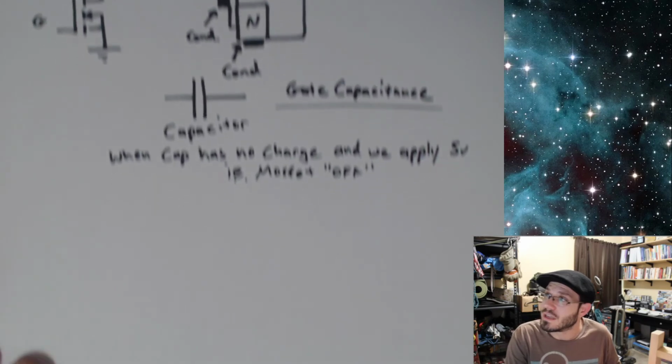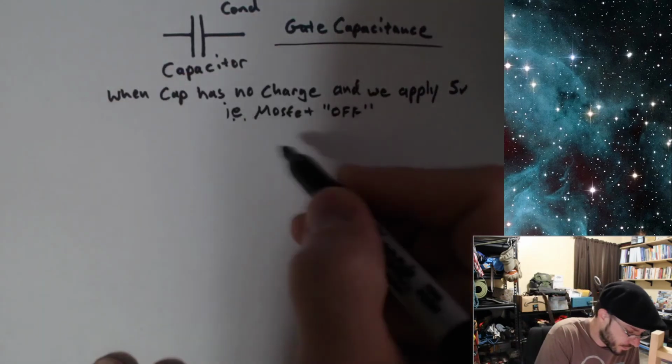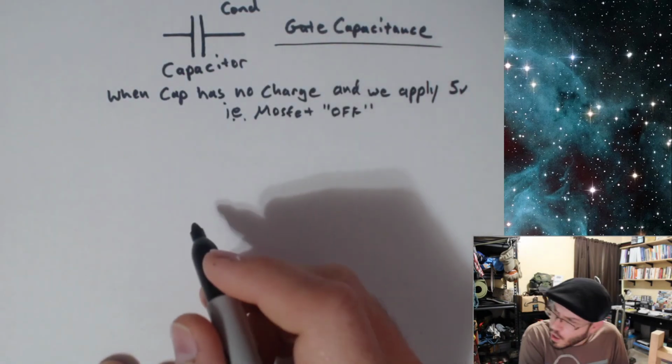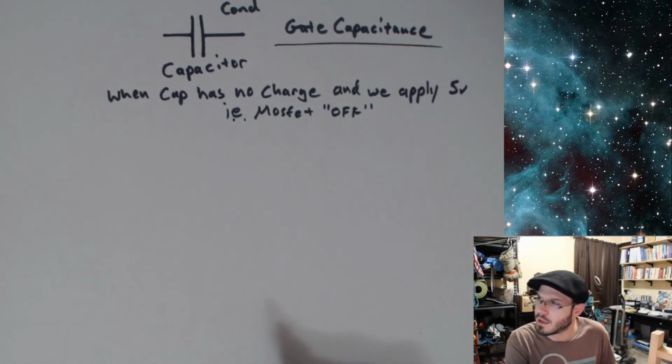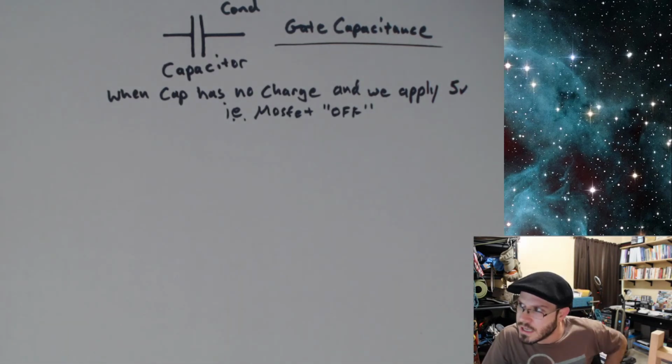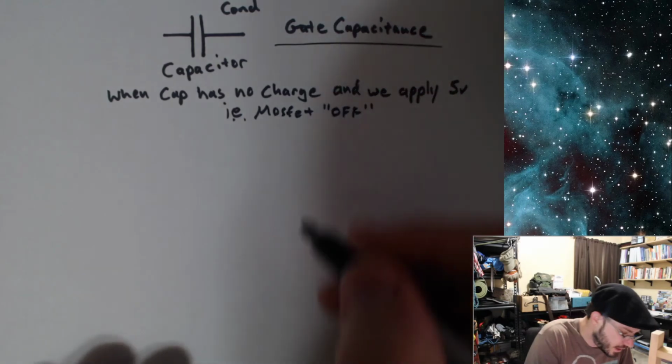Now, you can actually see this if you remember the universal time constant chart for an RC circuit from 211.